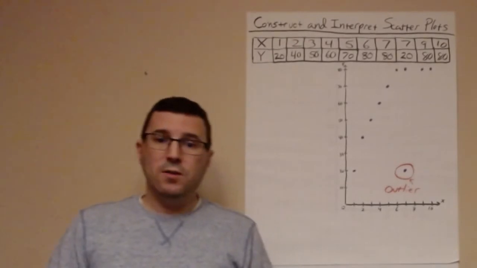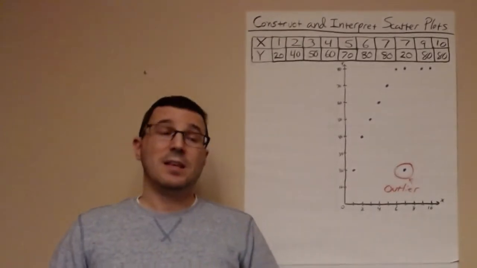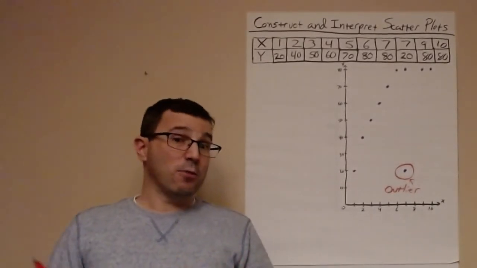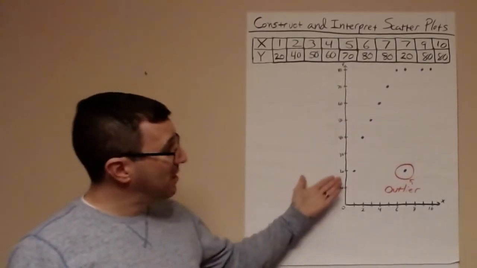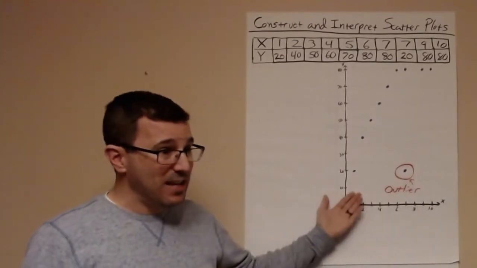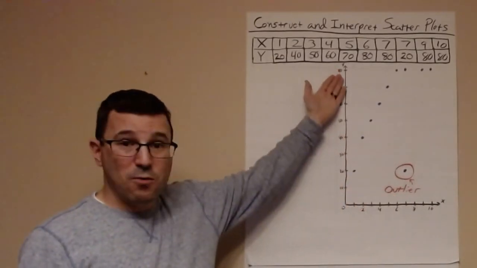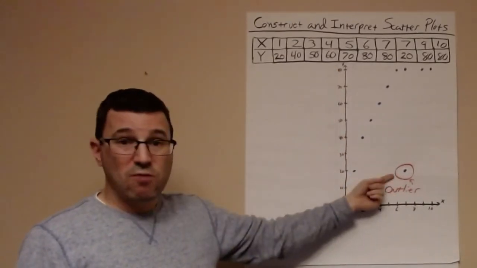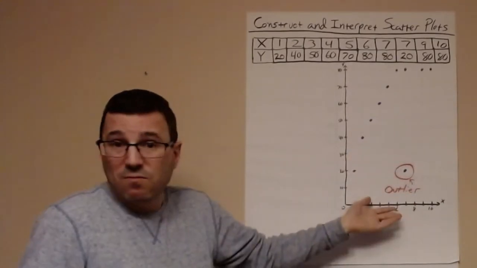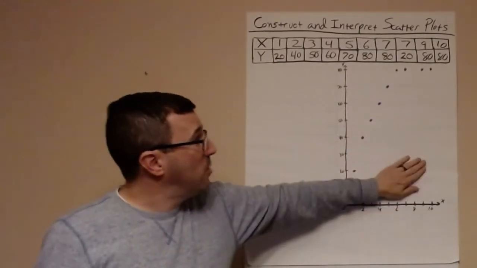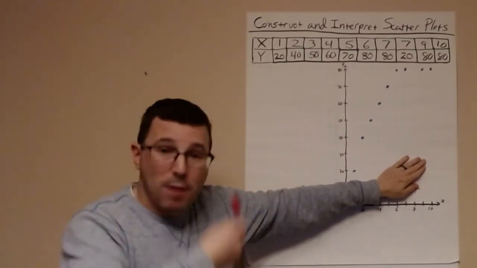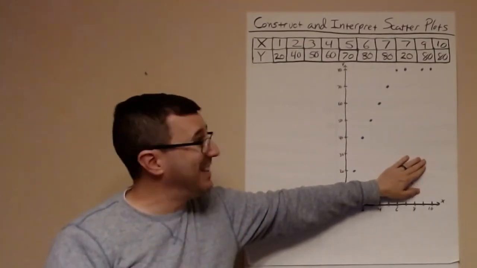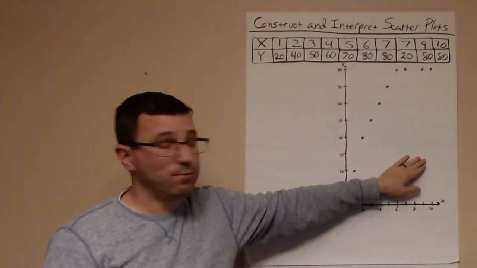Basically, it's a point or some points that don't fit the general trend of the rest of the data. As we went to the right, the data increased in the y values. This one randomly went down. Don't know why. And if we took it out, we still have our positive, strong, linear correlation there.